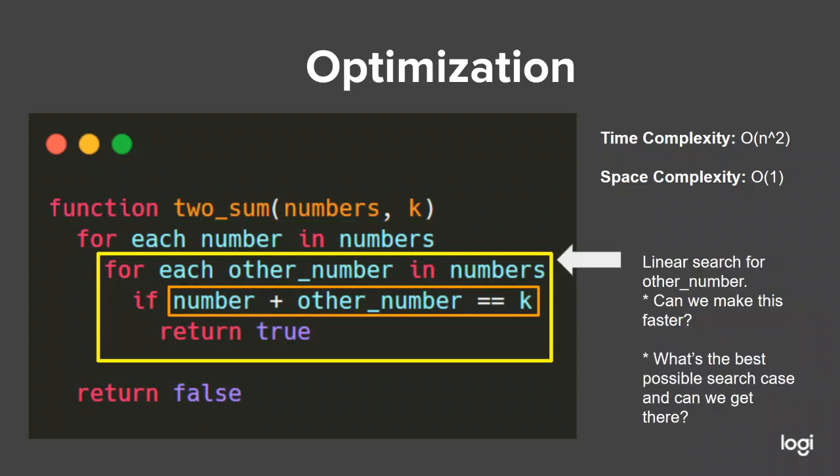So this is a linear search for what we're calling the other number. And so you can start to think, can we make this faster? Since we're talking about search, you might have learned a number of search algorithms that you can do on lists or arrays, and you might think, oh, there's something faster than linear search. Maybe I can use binary search in this problem.